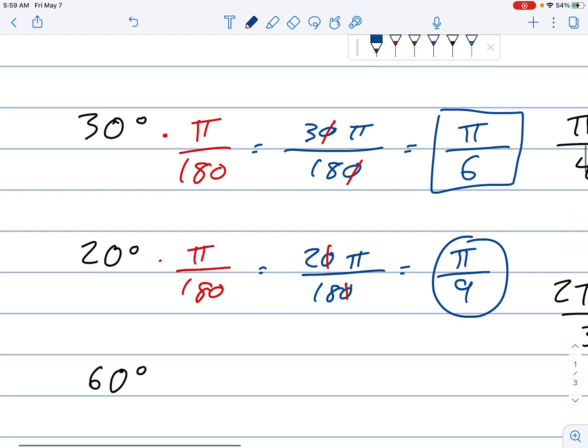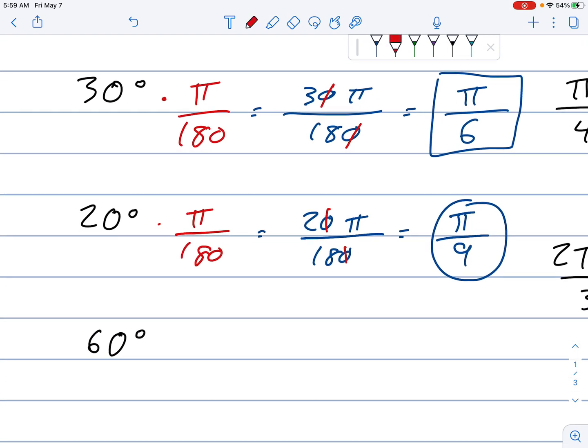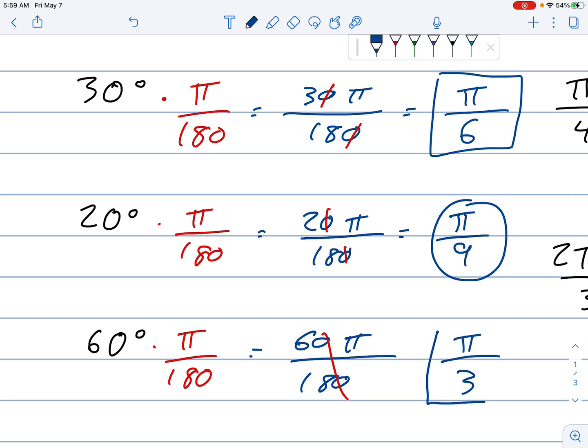And eventually this will be something we'll memorize. 60 degrees, another important number, times pi over 180. 60 pi over 180. Well, the zeros cancel out. 6 over 18 is pi over 3. And there's just a couple values. I only did a few because you're going to have a bunch on homework.